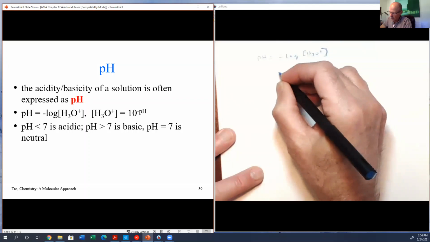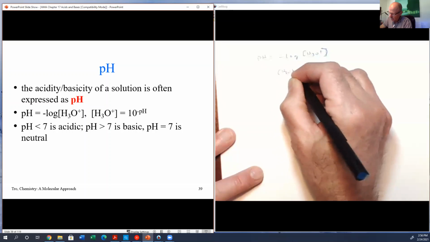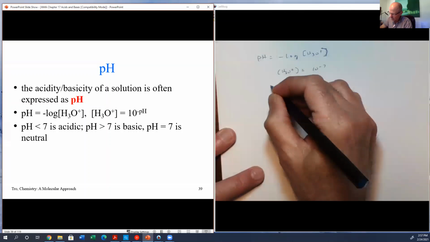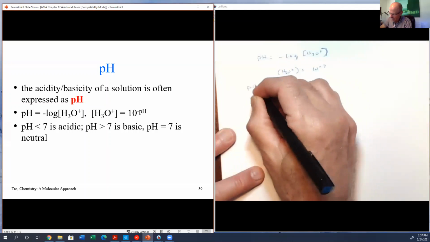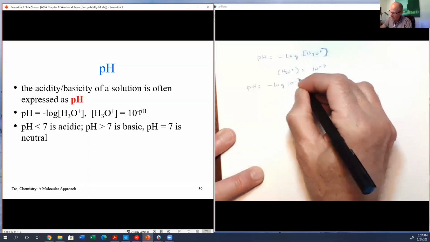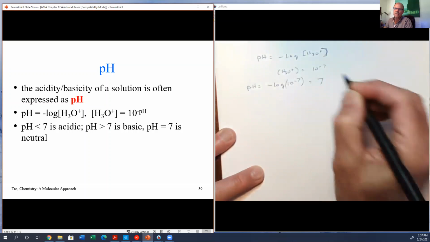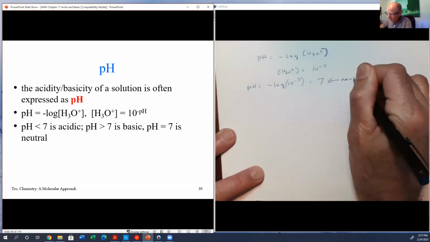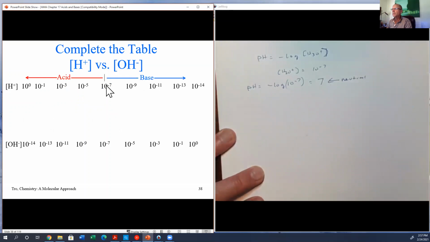Remember that a neutral solution has H3O+ equal to 10 to the minus 7. So the pH of that solution is minus the log of 10 to the minus 7, which is equal to 7. So a pH of 7 is what we call a neutral solution. It would correspond to this solution.